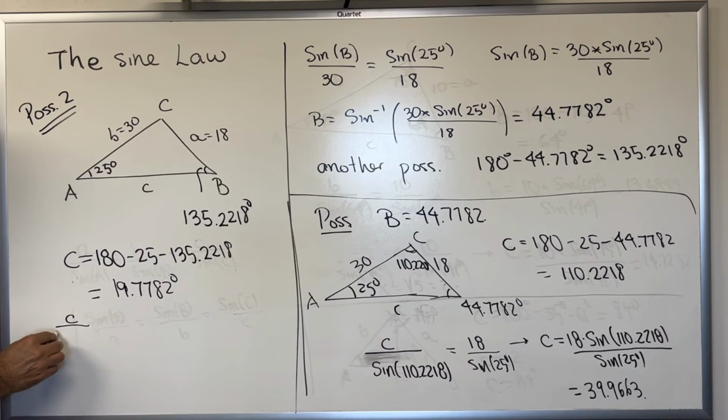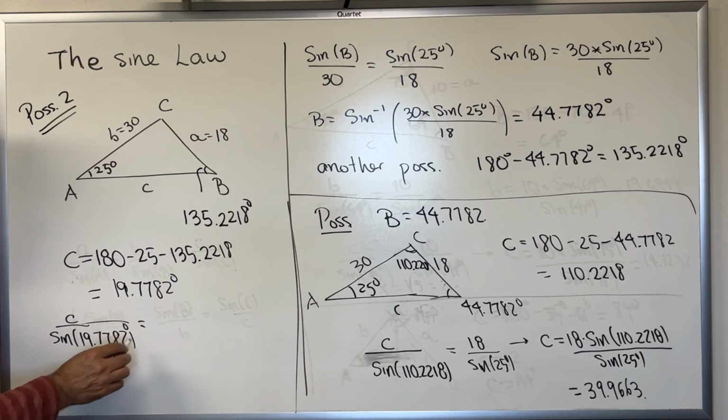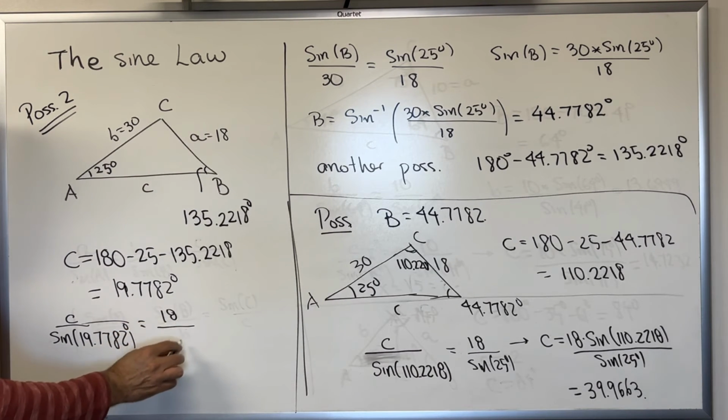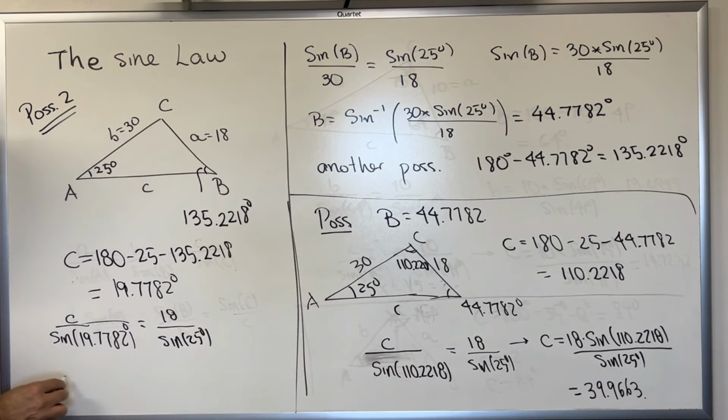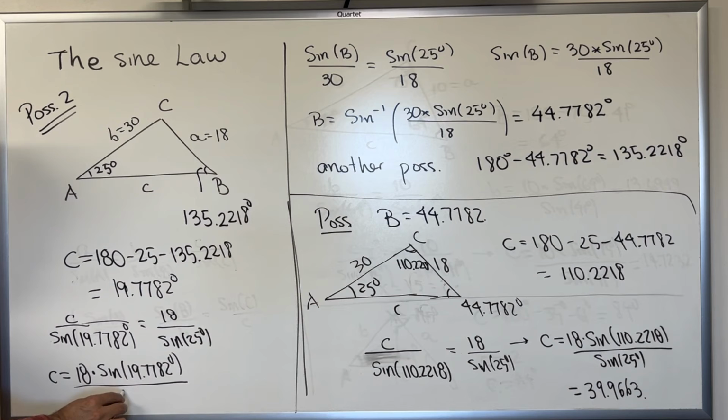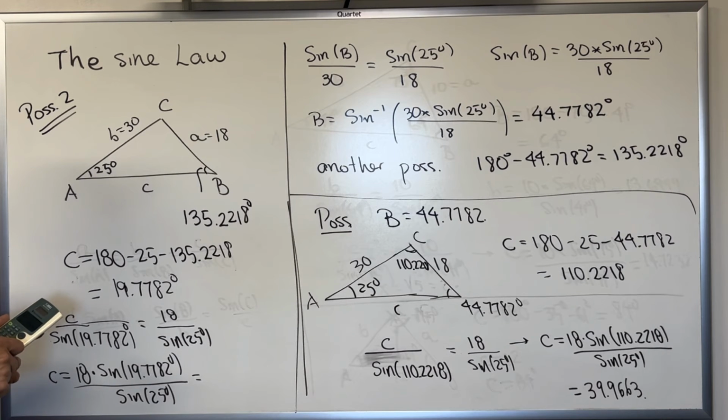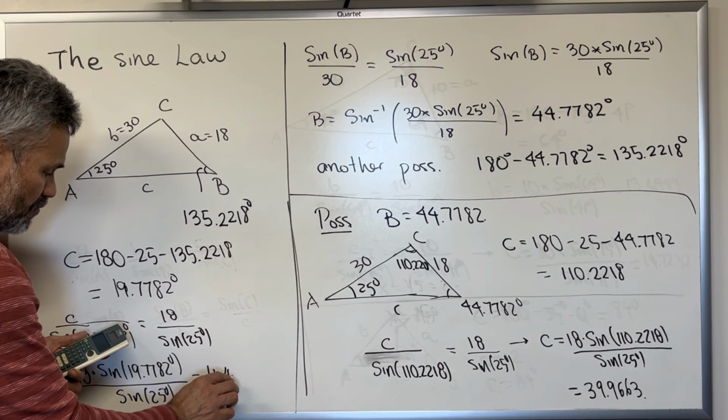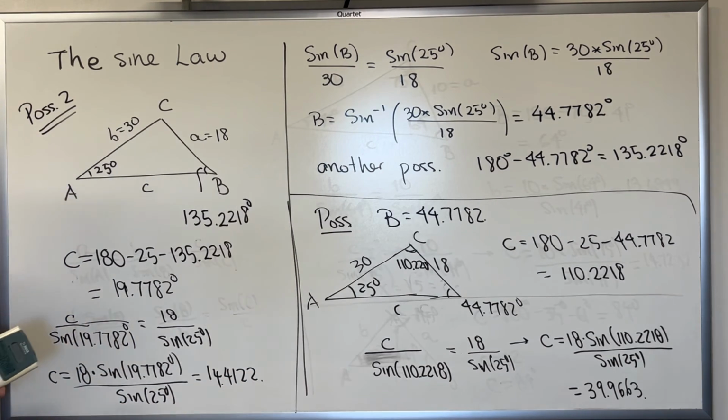We have that C over sine of 19.7782 degrees is equal to the pair that I know, 18 over sine of 25 degrees, and therefore lowercase c is 18 times sine of 19.7782 degrees over sine of 25 degrees, and this will give us 14.4122.